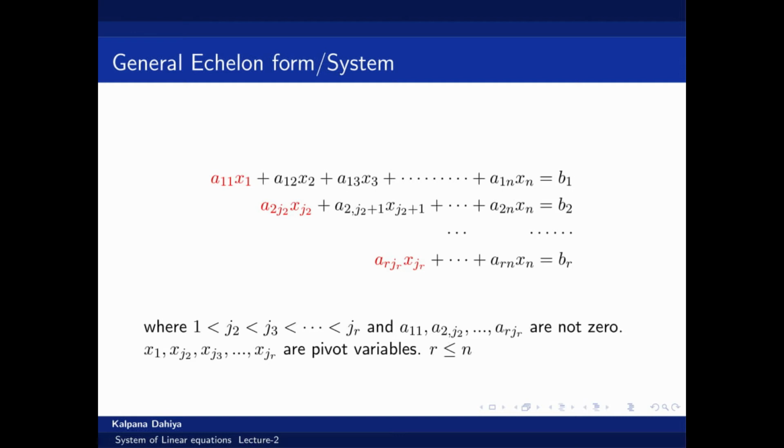And a11, a2j2, ..., arjr, the coefficients of these variables, are not 0. Here the variables x1, xj2, ..., xjr are all pivot variables, and the remaining are free variables. It is very important to note that r is less than or equal to n. The number of equations is always less than or equal to the number of variables.